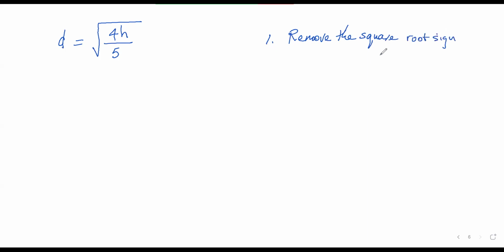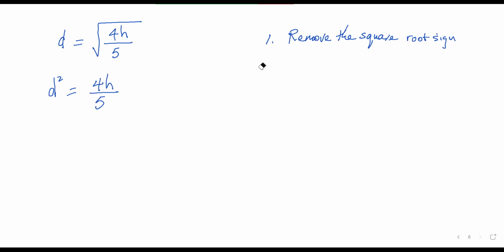To remove the square root sign, we square everything. So this becomes d squared. Anything that is outside, if we had a number here, it would have been squared. All right? So you're squaring this, and it becomes just 4h over 5, and then you're squaring the d.